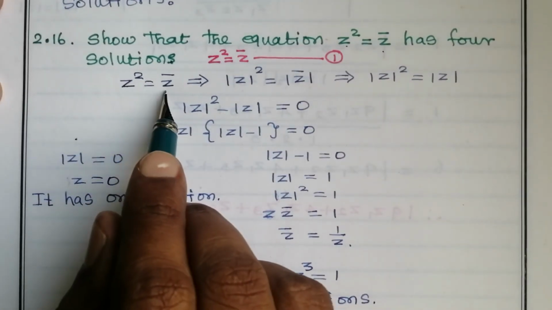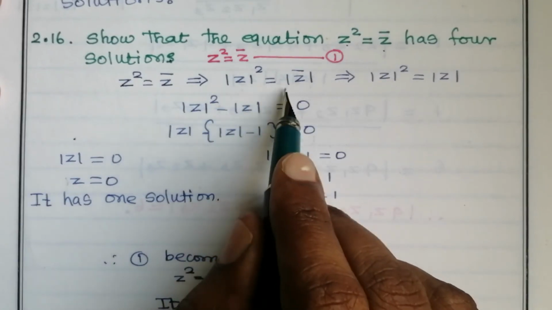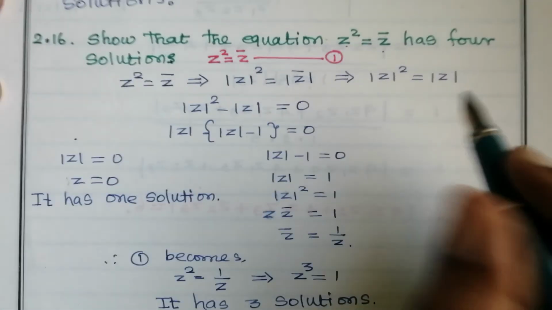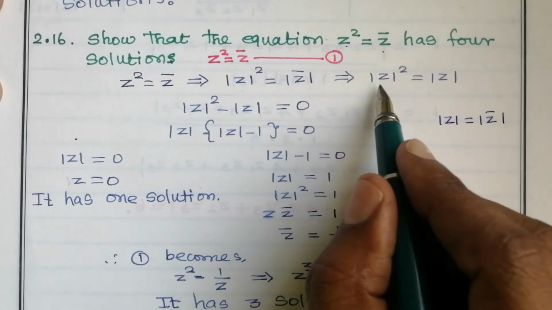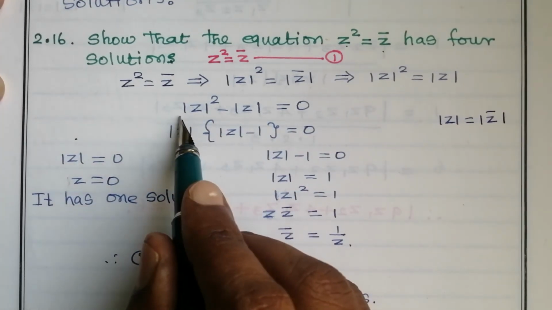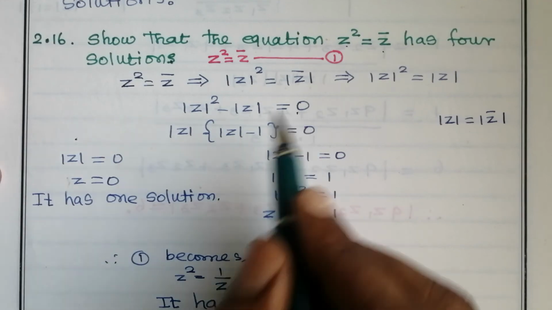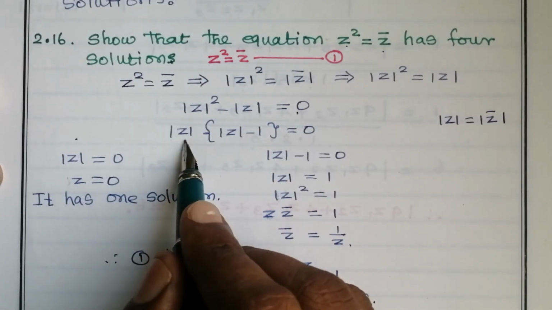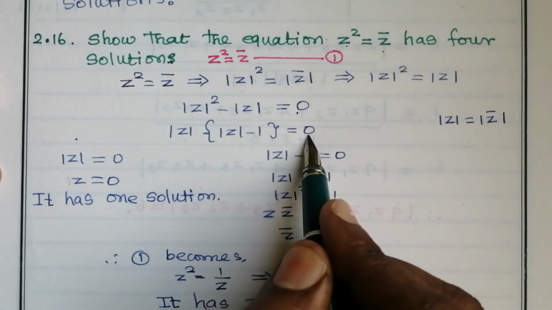Taking modulus on both sides, modulus of Z square equals modulus of Z bar. We know that modulus of Z equals modulus of Z bar. So modulus of Z square equals modulus of Z. Then we get modulus of Z square minus modulus of Z equals 0. Taking common factor modulus of Z, modulus of Z into modulus of Z minus 1 equals 0.